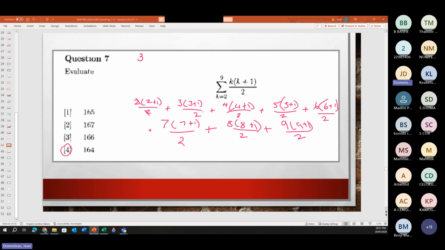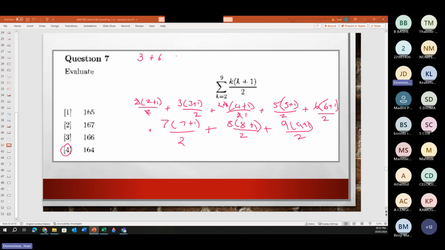it would have been 3. For this one, it would have been 3 times 4 divided by 2 is 6. 2 goes in there twice.